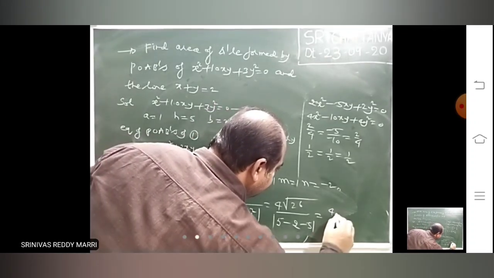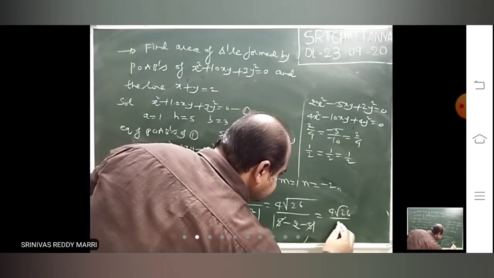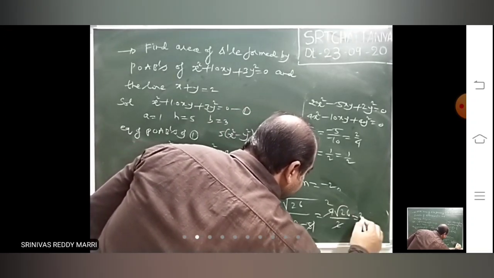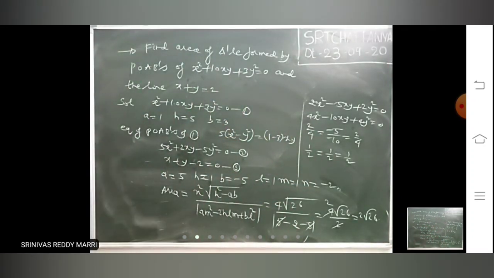That means you will get 4 root 26 divided by modulus of minus 2, which is 2. So what is the area? 2 root 26. That is the area.